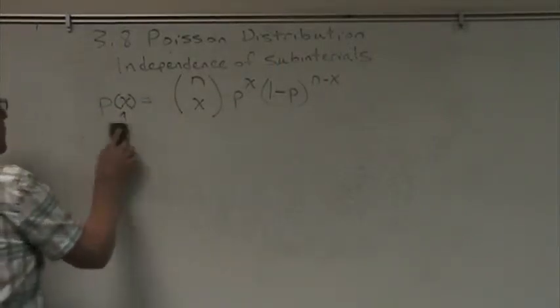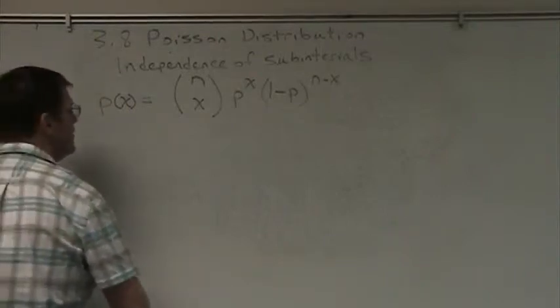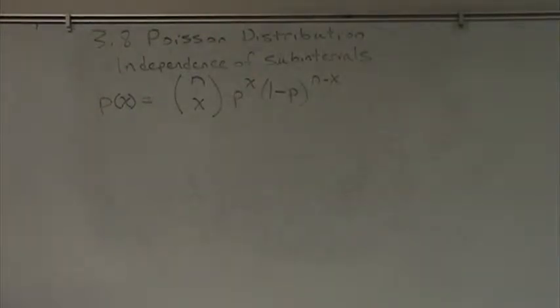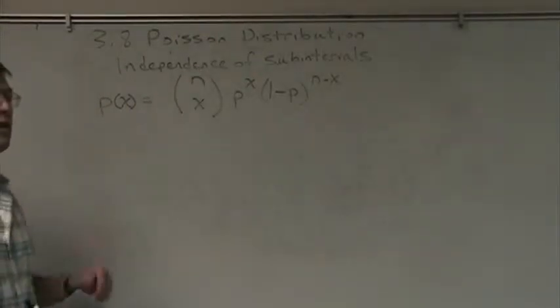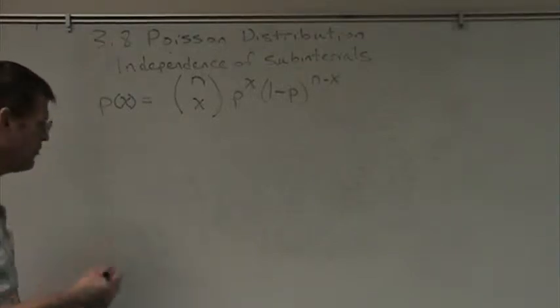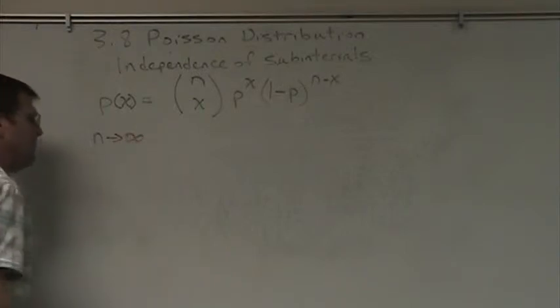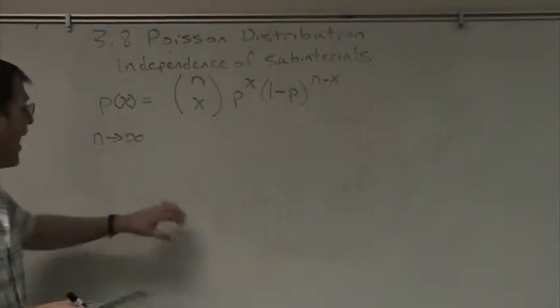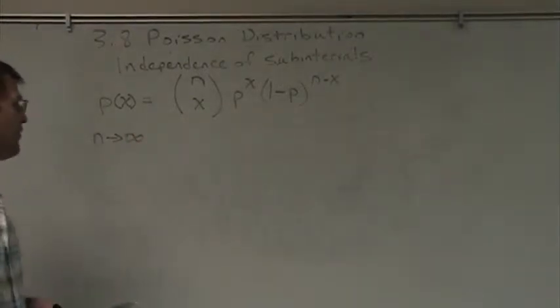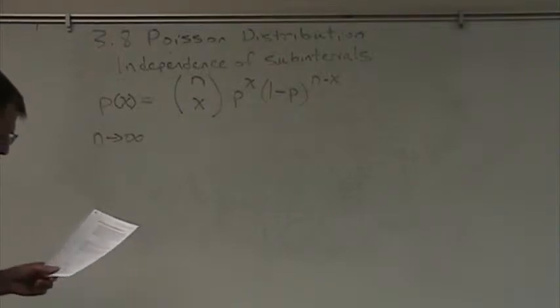Okay, so what I said earlier is that we're letting these intervals become very, very small. So basically we're going to let n go to infinity, and we're going to look at the behavior of this as n goes to infinity.